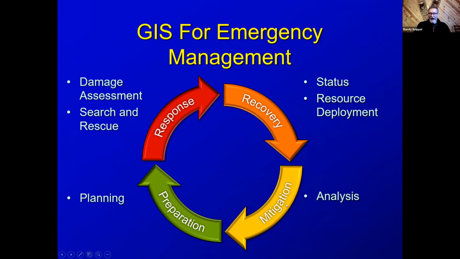In the mitigation phase, trying to find ways to minimize the impact of such an event, we can help with the analysis. And in the preparation phase, we can help with all of the planning. But right between preparation and response is where an actual event occurs.